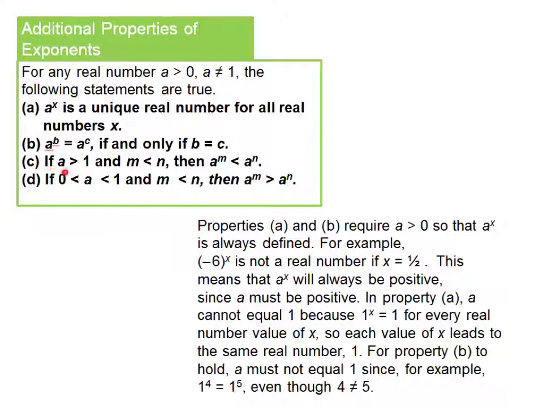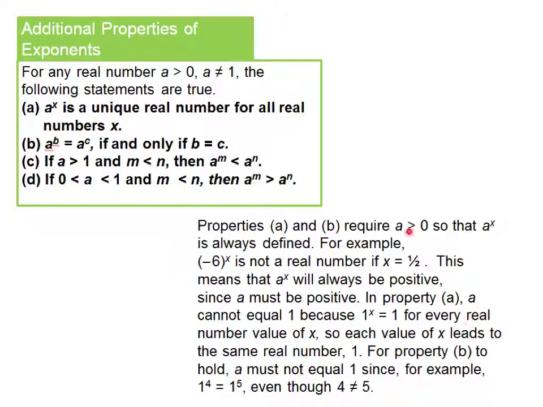If your base is greater than 1 and your m is less than n, then essentially a to the m power would be less than a to the n power. The reason they tell you this is because of the contrast here. If you're dealing with fractions, then the smaller exponent will lead to a larger value.